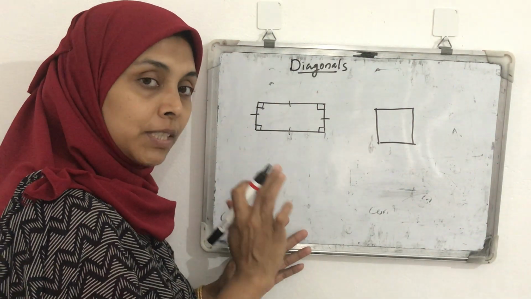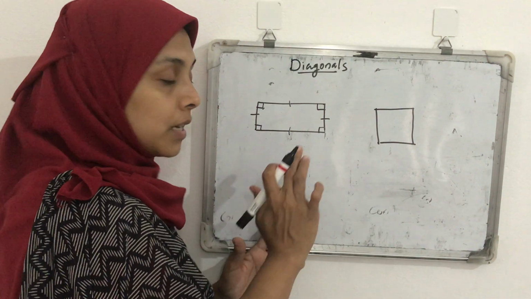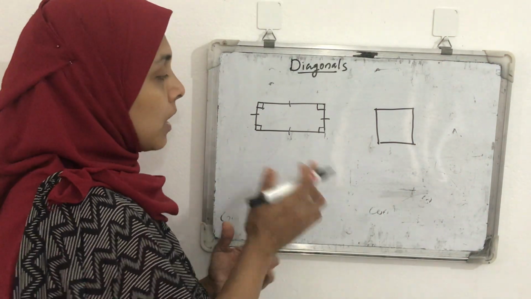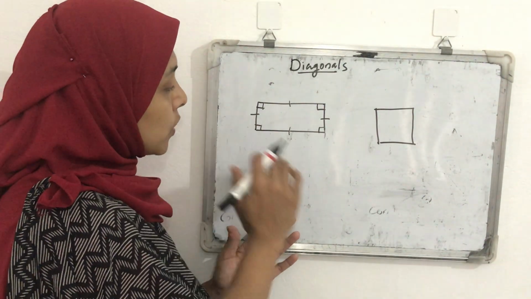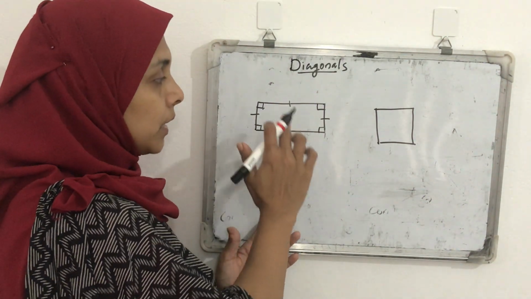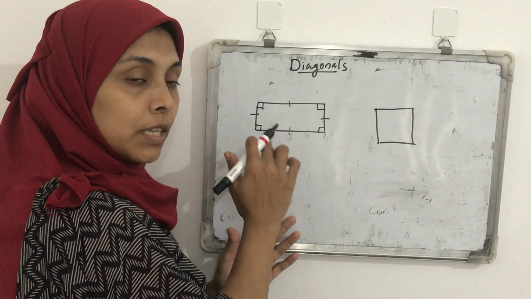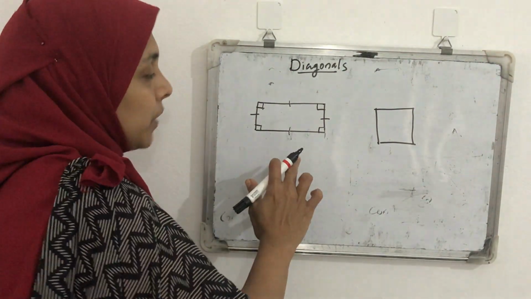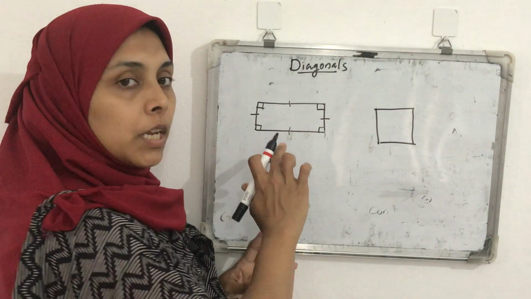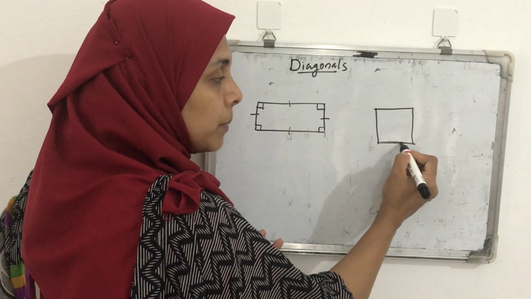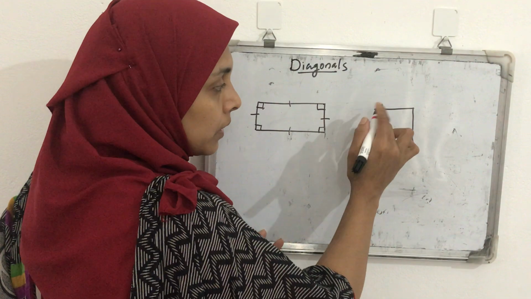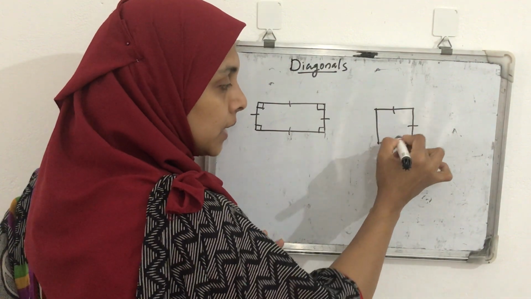If the sides have the same length, we can call them equilateral. But as they have different lengths, we cannot call them equilateral. It is a polygon which is equiangular but not equilateral. But in the case of a square, all sides will be the same length.